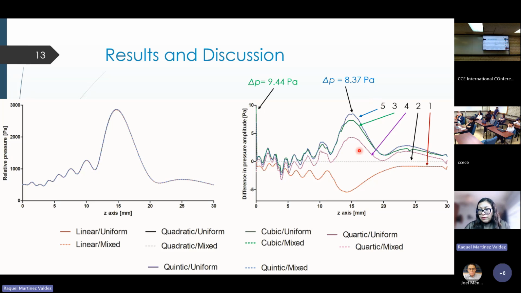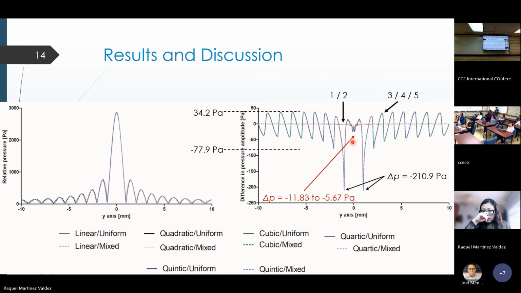Also, I don't know if you can see that these lines seem dashed but also continuous. That is because the solutions for the linear, the uniform and the mixed, are overlapped. The same occurs in the other solutions.